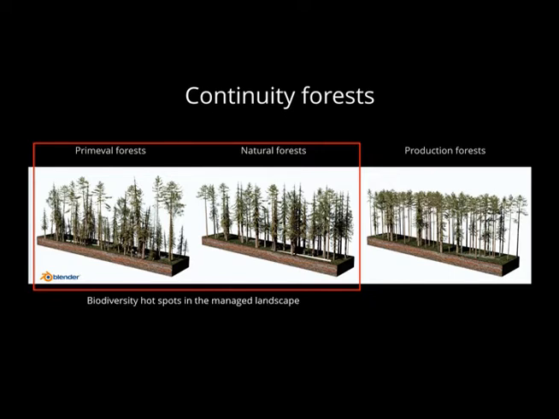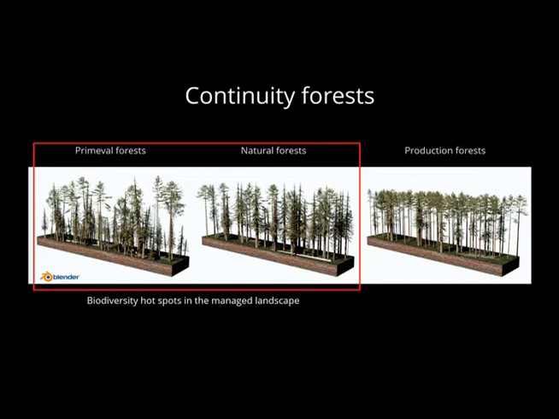We also know that these forests that are now left, the continuity forest, they have a higher biodiversity than the production forest. I know foresters, some say that it is not a black and white landscape and this and that, but if you're working with inventories of forests and you go out and look, you will certainly not find a very high diversity of red listed species in the production forest, that's for sure.